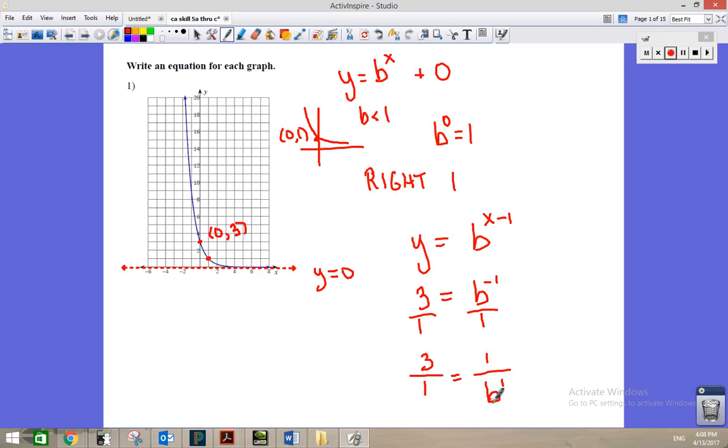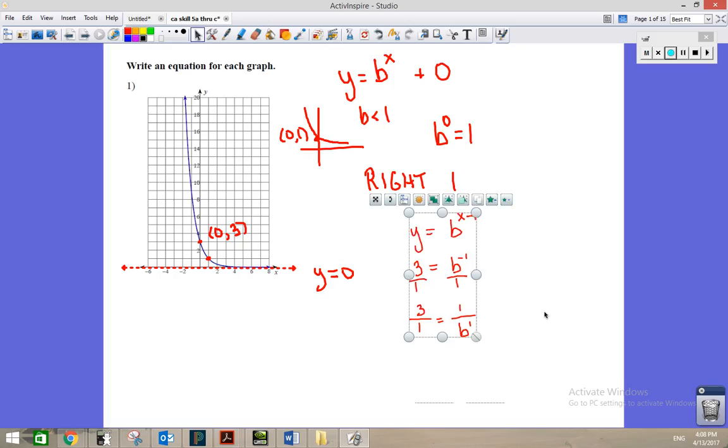Now I can either cross multiply, or another technique when you have a proportion is to take the reciprocal of both sides. Taking the reciprocal of a fraction means flipping it. Mathematicians use this word reciprocal. Most of us, if we're sitting around the lunch table talking about math like I do, I just say flip it. Okay, and if I flip this side, b over 1. And b divided by 1 is b. So now I have my answer.